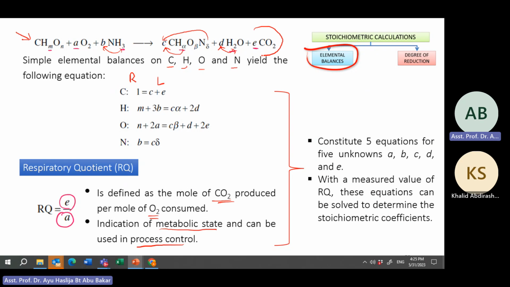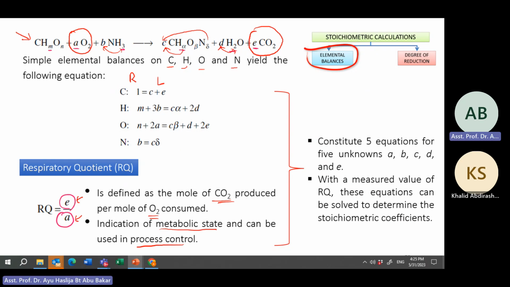So the CO2 over O2. E, the mole of CO2, over mole of O2. You will get a figure for the respiratory quotient.